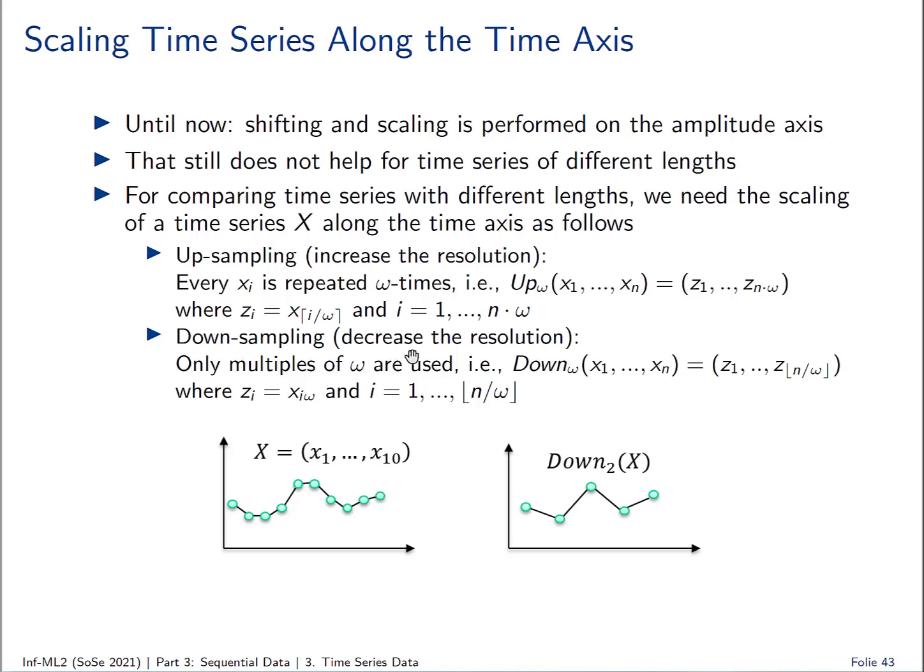In that case, we decrease the resolution, so only multiples of omega are used. We decrease the length n of the original time series by a factor of omega. So you see here a downsampling of this original time series.